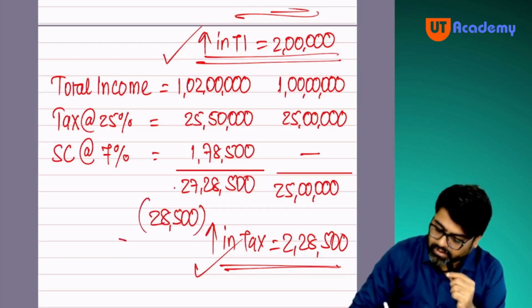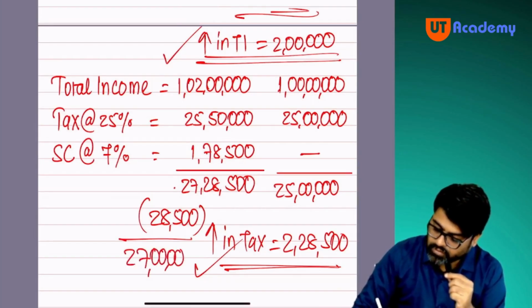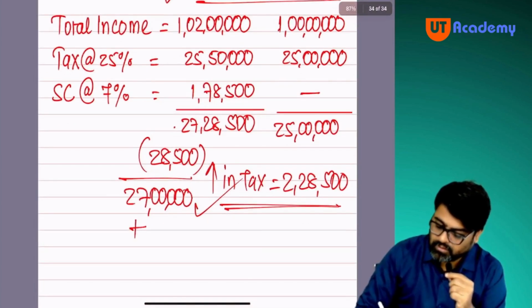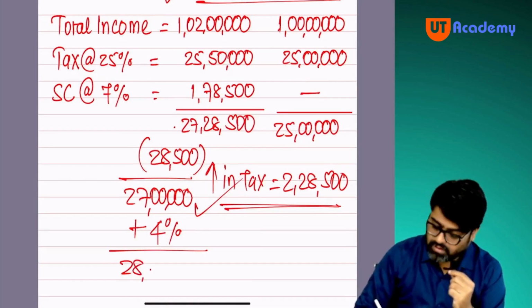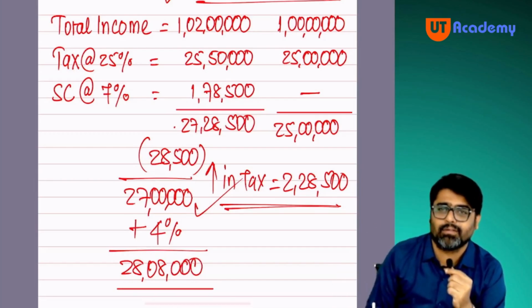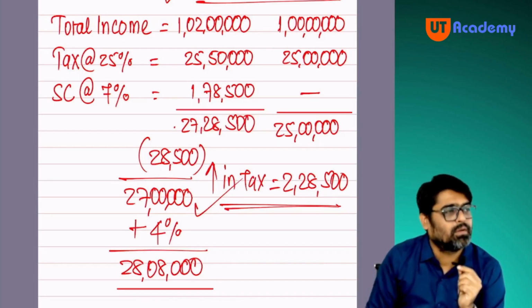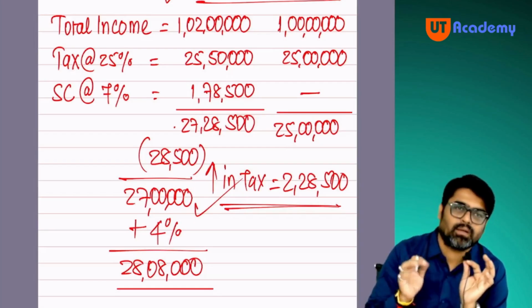From this, reduce 28,500. 27 lakh is the final tax you are supposed to pay, plus 4% cess: 28 lakh 8,000. Everyone got this answer? Where did you commit the mistake? Understood? Now see, this is the concept of marginal relief.